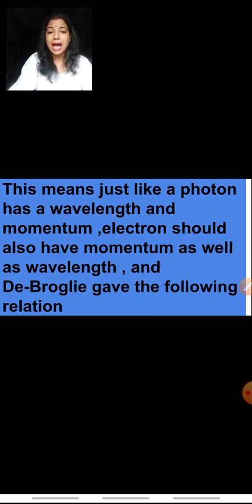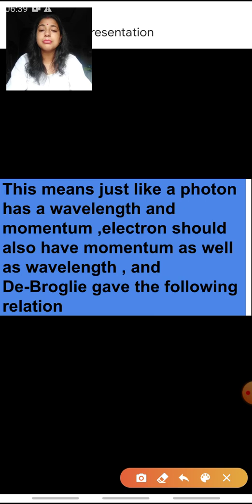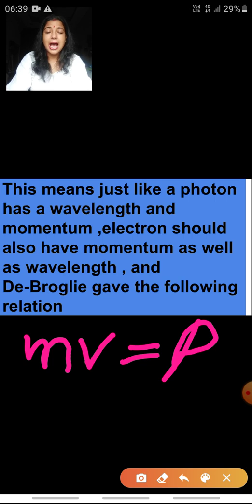Just like a photon has a wavelength and momentum, an electron should also have momentum as well as wavelength. Momentum is mass into velocity and is denoted by P. That means mass and velocity, as well as wavelength.